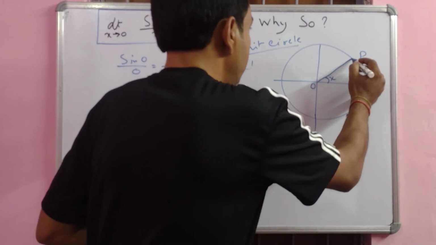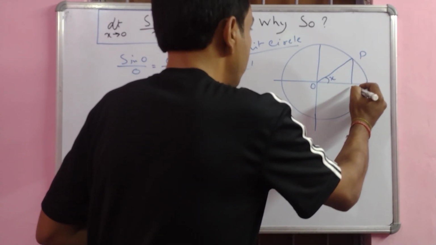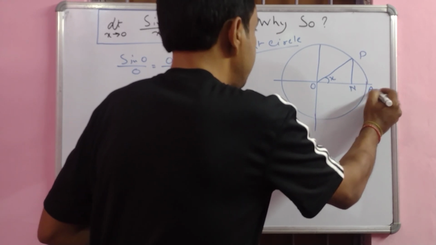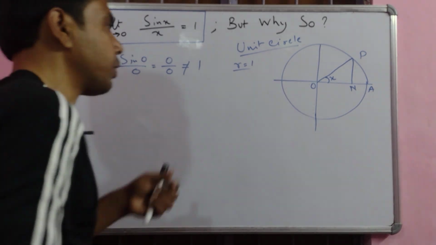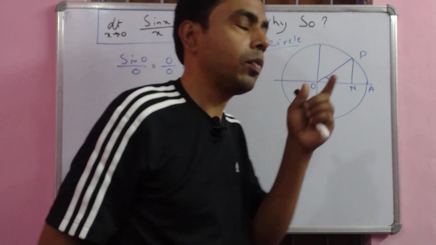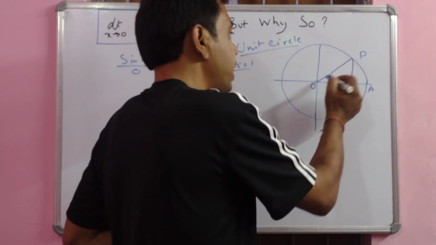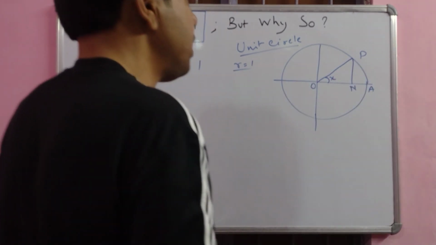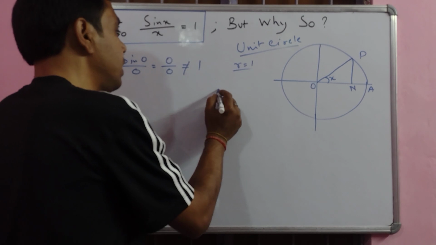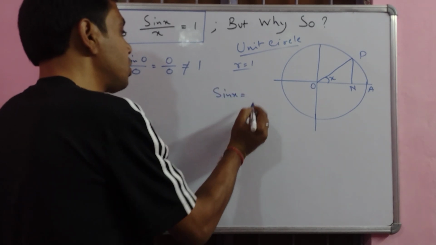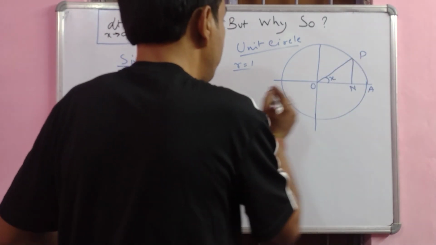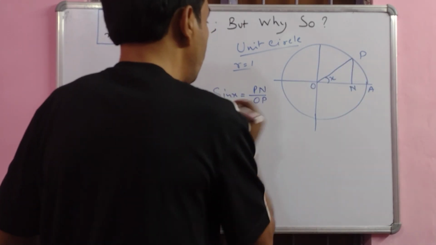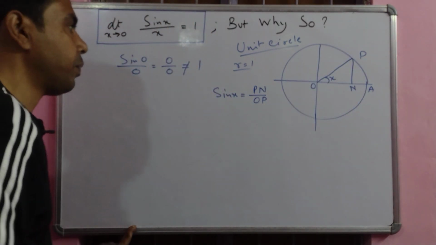Now if we draw a perpendicular PN from P, then from this right angle triangle OPN, we get sin x is equal to the perpendicular PN by the hypotenuse OP.